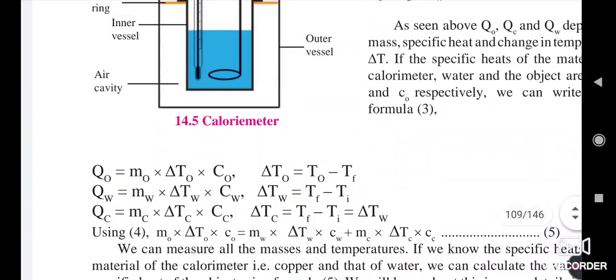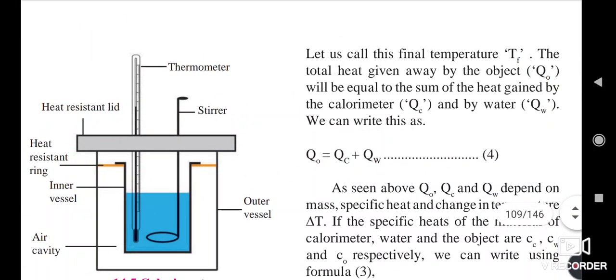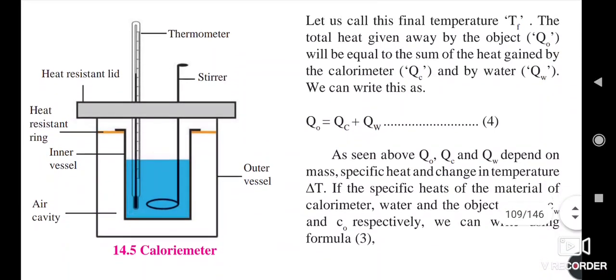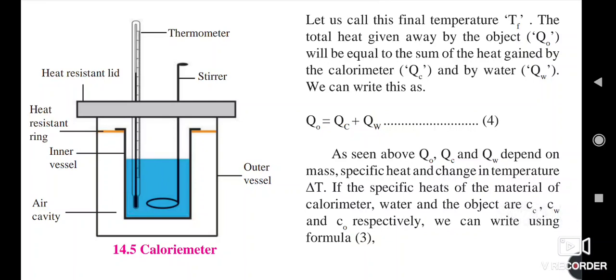Okay, here we have Q, the amount of heat of the object, the amount of heat of the calorimeter plus the amount of heat of the water. It means the amount of heat of the object will be the same as the amount of heat of the calorimeter plus the amount of heat of the water.